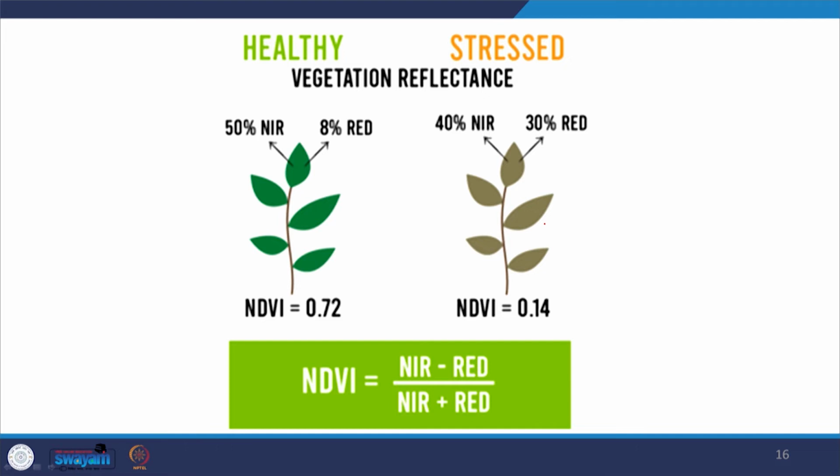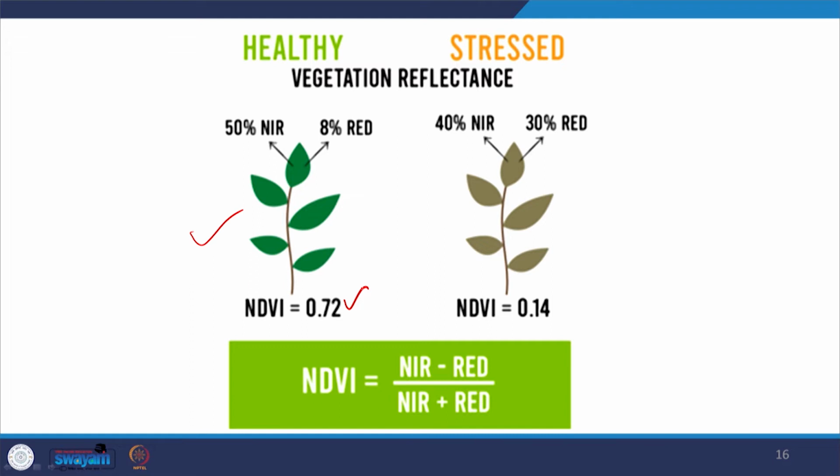You can see, when we are taking the NDVI image of the healthy vegetation cover, using the near infrared and the red band, the ratio comes out to be 0.72, and as I told you, the higher the value, the better the vegetation cover. But when we take the NDVI values from the same near infrared and red band data for the stressed vegetation, the ratio comes out to be 0.14.